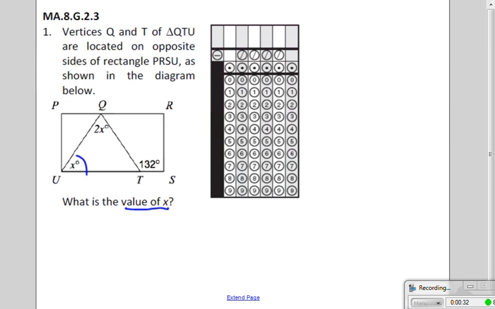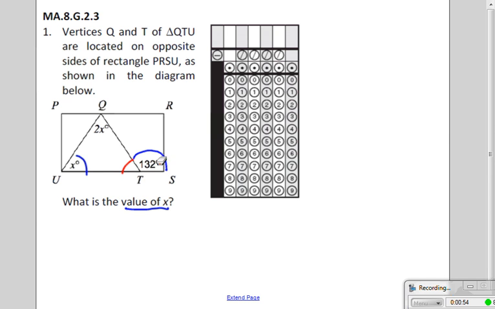This is one of those problems where once you know what you're doing, the process is pretty easy going forward. Well, one of the things that you need to learn about triangles is that this angle right here is called an exterior angle. It is supplementary to this angle right next to it.